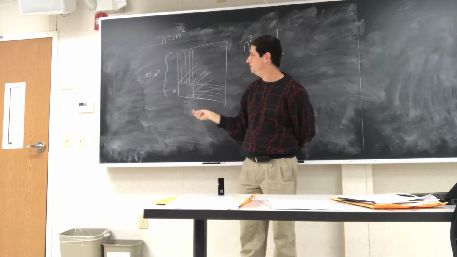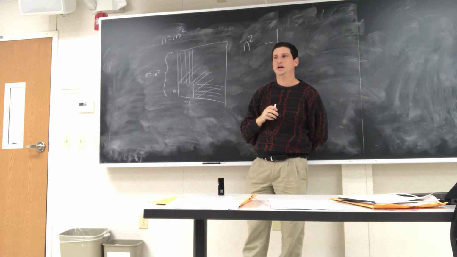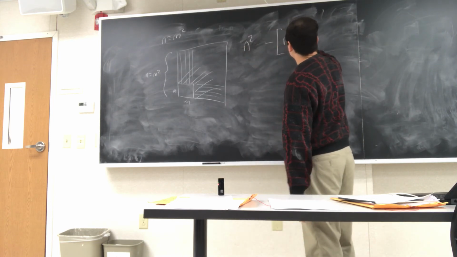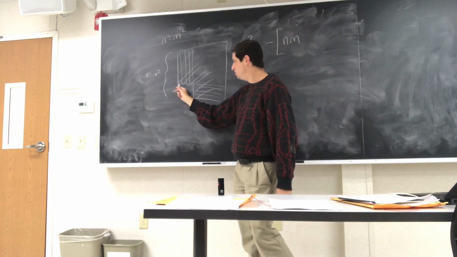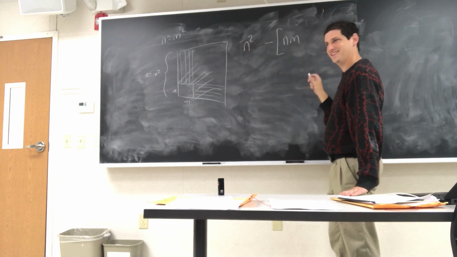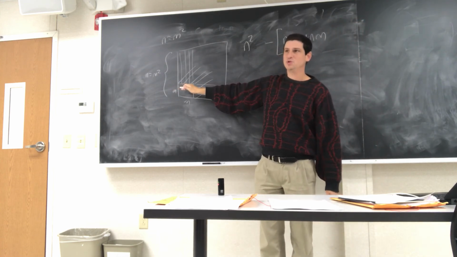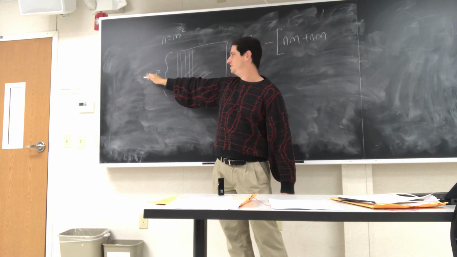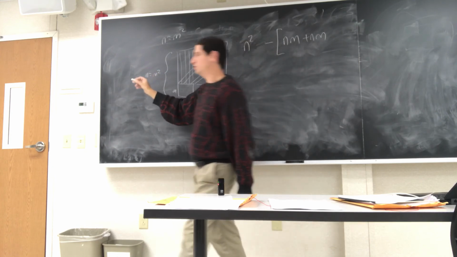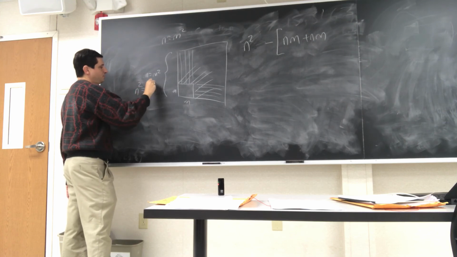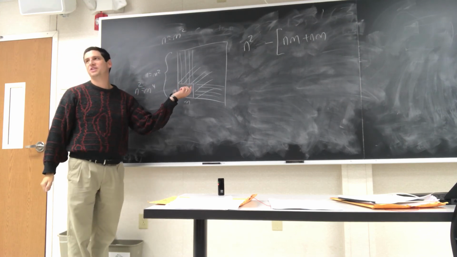So how many things are killed in those m columns? nm. Right? How many things are killed in these rows? Same. And again, I'm double counting this, but that's of size m squared, which is insignificant next to n squared, because n squared is m to the fourth. So I don't really care about double counting that.